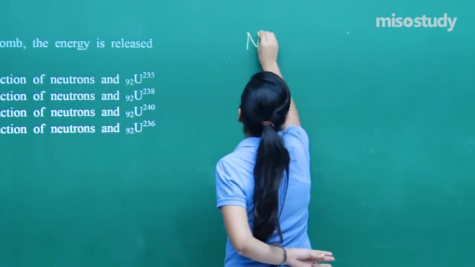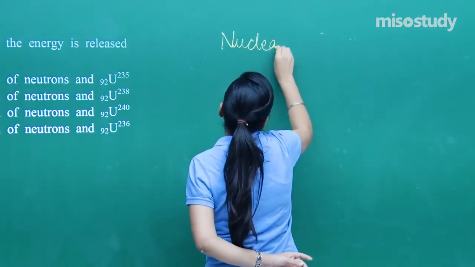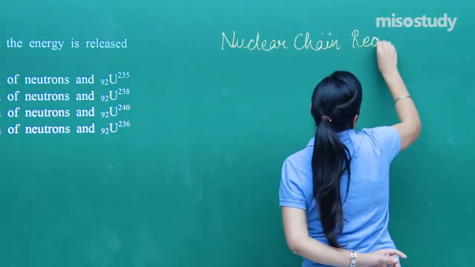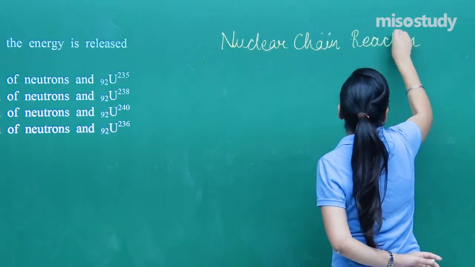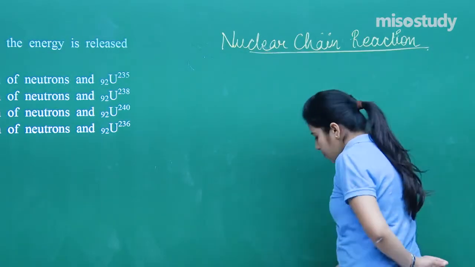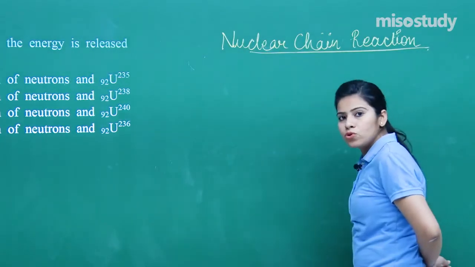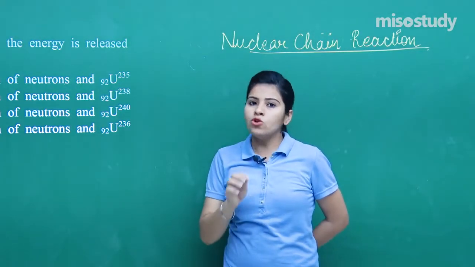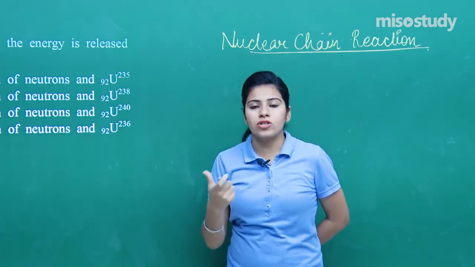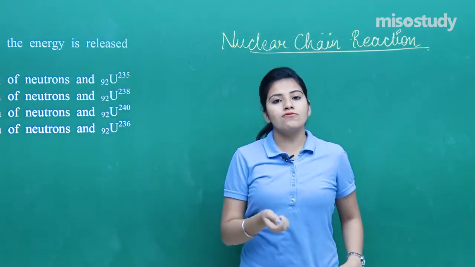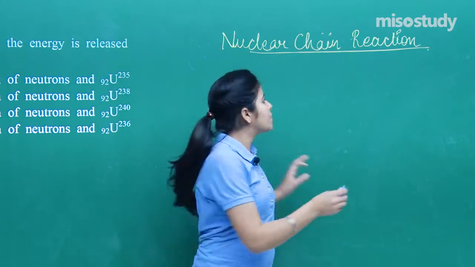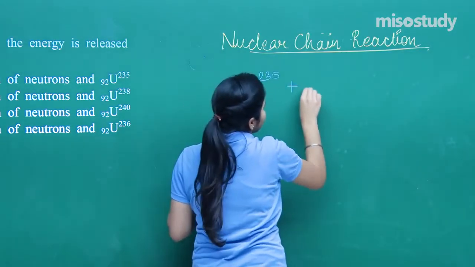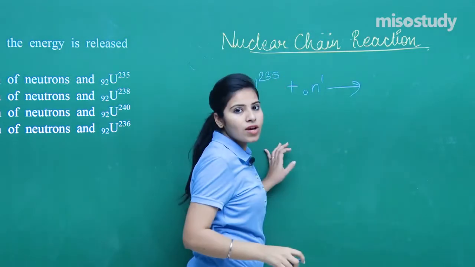Now, you know that whenever a fast moving neutron hits a uranium isotope, 3 neutrons are definitely going to be emitted. So if I show you this reaction, suppose it is U-235 and it is being hit by a neutron, what will happen?